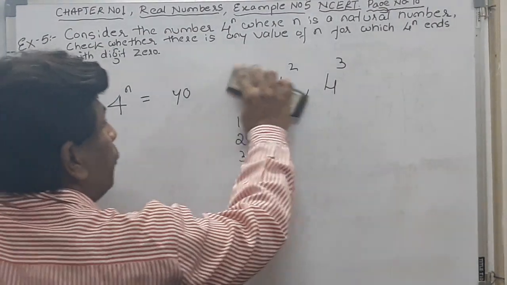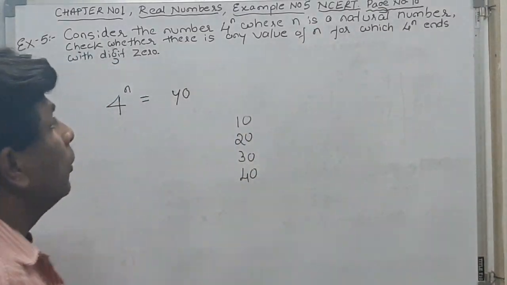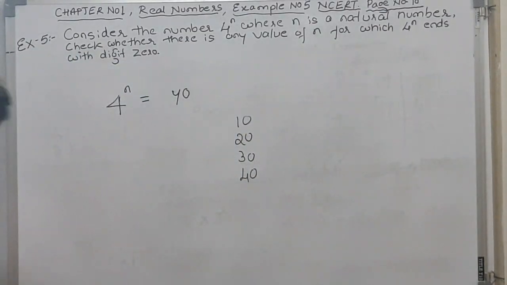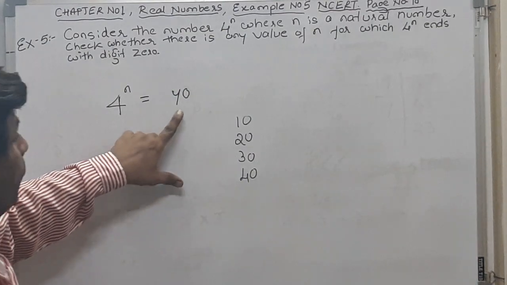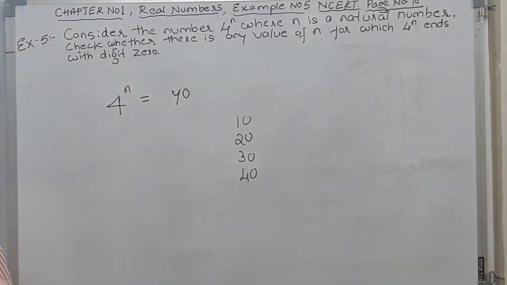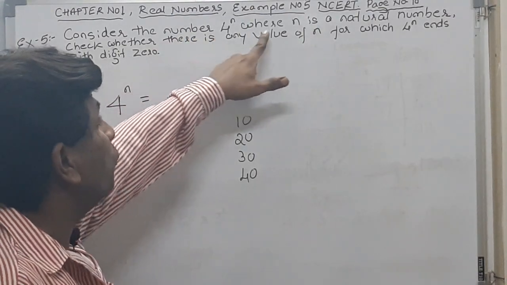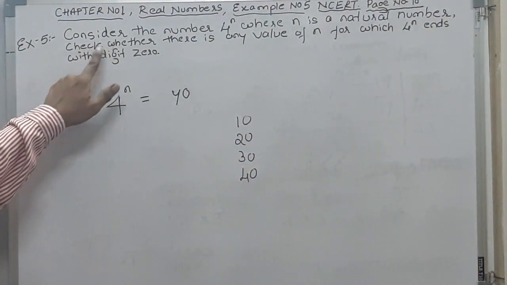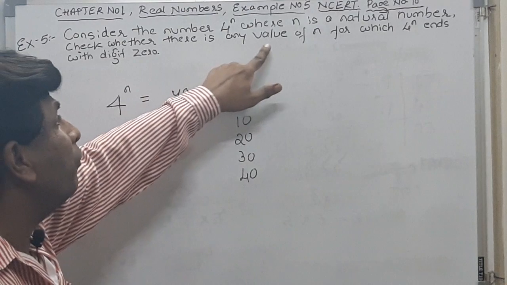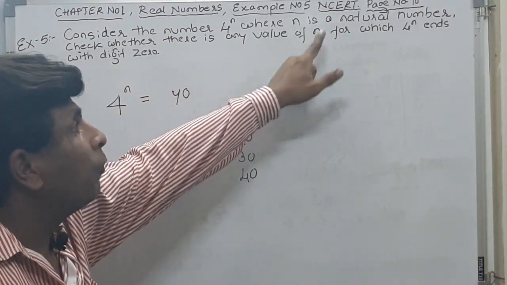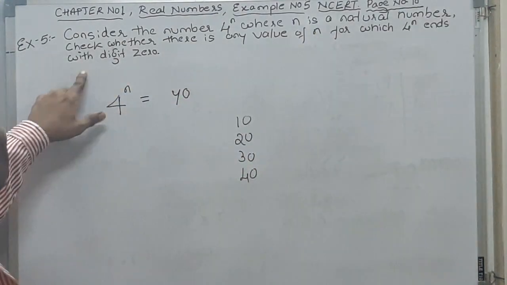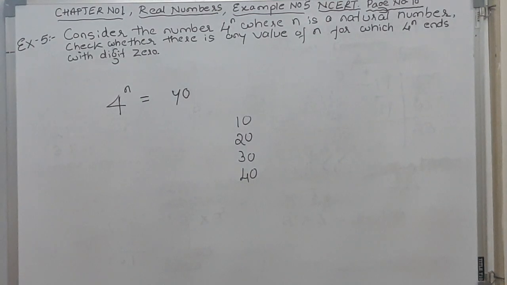Do you understand what I am telling? I think you understand the problem. So, consider what he had given: consider the number 4 raised to n where n is a natural number. Check whether there is any value of n for which 4 raised to n ends with digit 0.